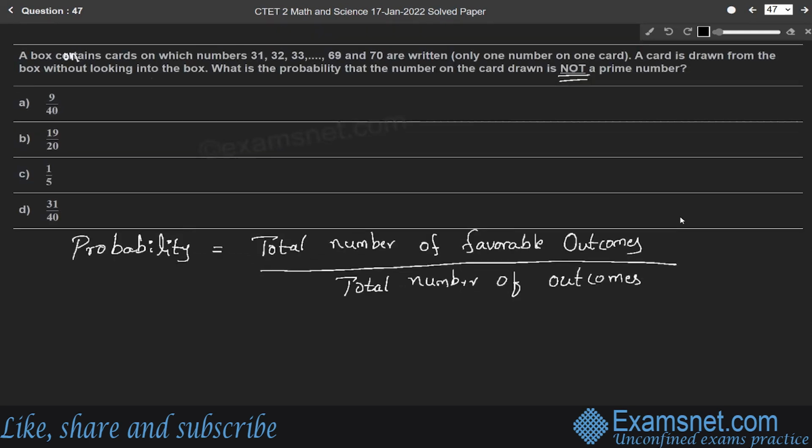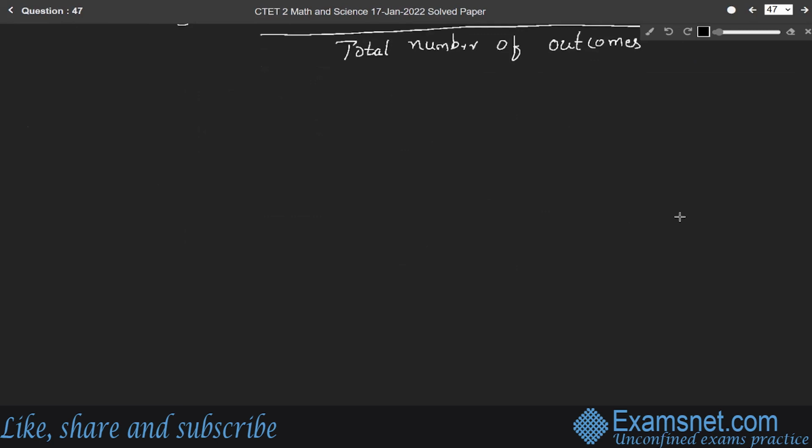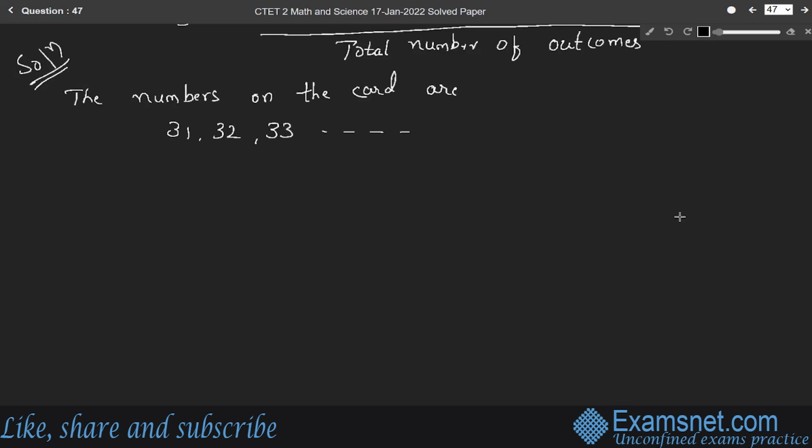Here, a box contains cards on which numbers are written from 31 to 70. So, solution. Numbers on the card are 31, 32, 33, so on up to 70.